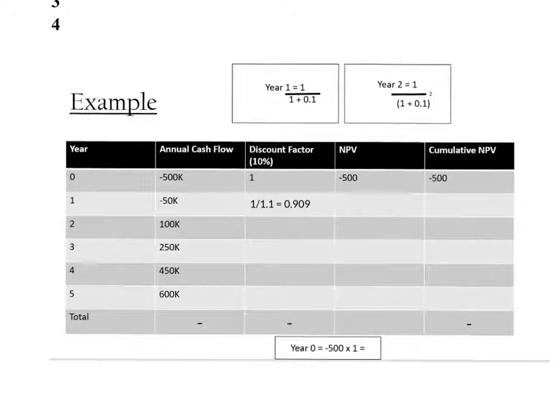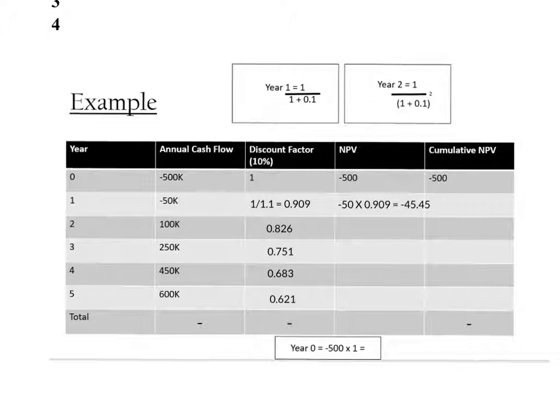For year 2, I'd press equals again, and that would get me 0.826. Then keep pressing equals. Press equals again, I'd get for year 3, 0.751. Press equals again, 0.683 for year 4. Press equals again, 0.621. So now I've got my discount factors. Again, all I have to do is the following.